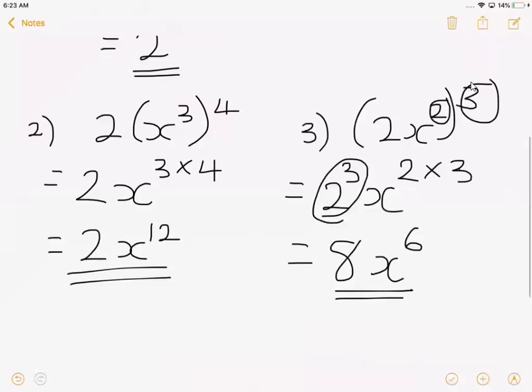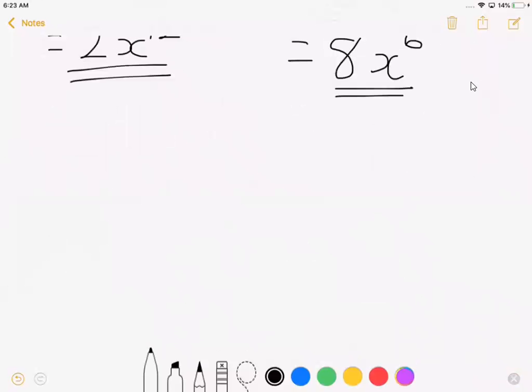Example number 4, the last one. I'm going to do 4 and 5. a squared b to the power of 3, all to the power of 3. The 3 that is outside is affecting both a and b.